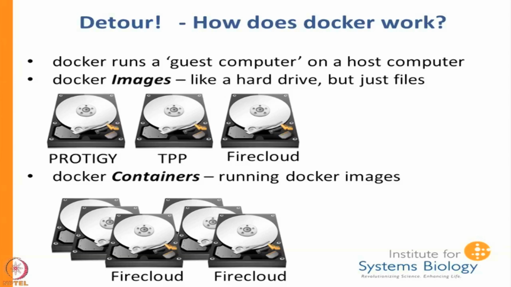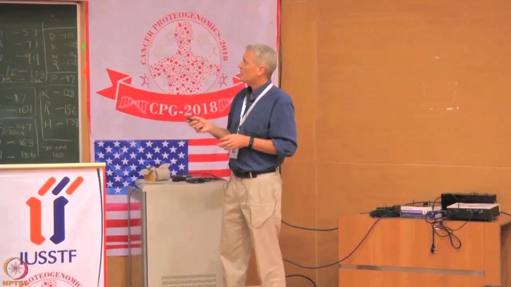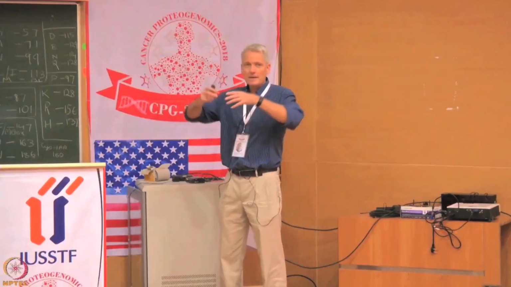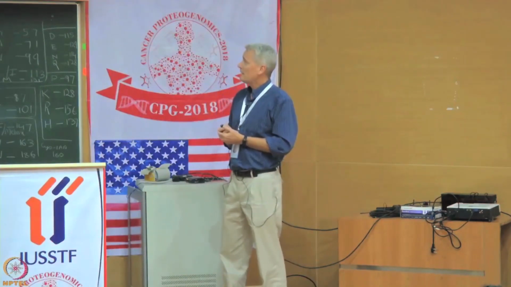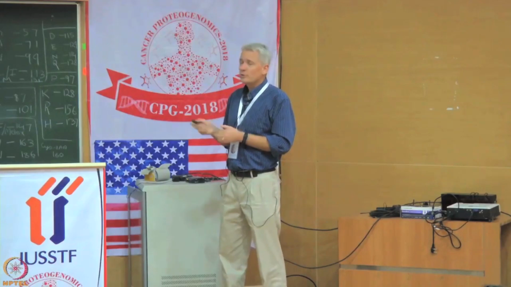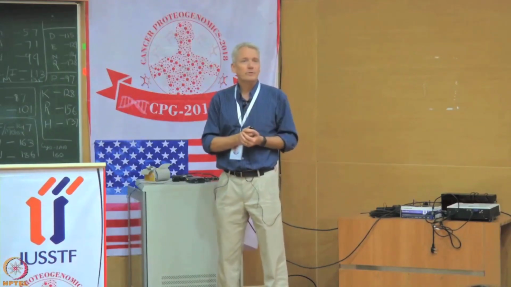The image is just a set of instructions. It's like a little computer that you can run on your computer, but you can distribute it. We were talking about FireCloud. Basically, they can put their software, this little container, on as many nodes as they want, or you could run multiple jobs on your own computer.